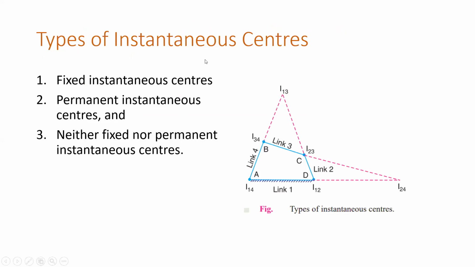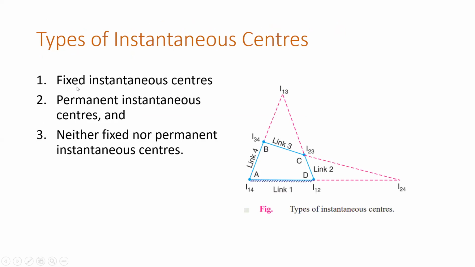Now we will see the types of ICRs, that is, how many types of ICRs there are. Generally there are three ICR types. First, fixed instantaneous centers, which are related to your fixed link.